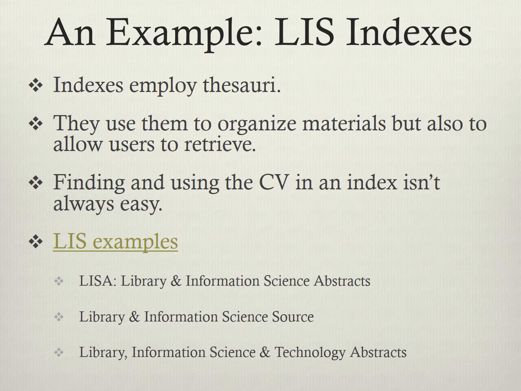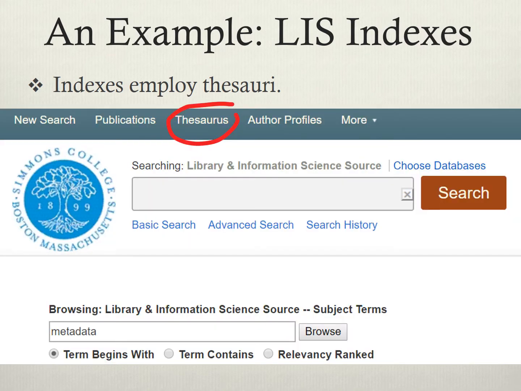So if you look at some of these examples from Simmons' own library, we have access to these databases, and sometimes you can actually access the thesaurus itself. So if we look at LISA, the Library and Information Science Abstracts, you can do this if you go to Simmons' website, go to the library website, choose databases, and then go to the L's.